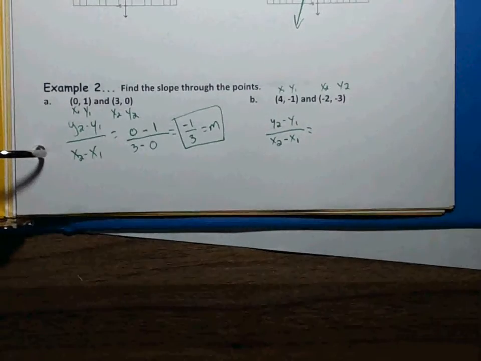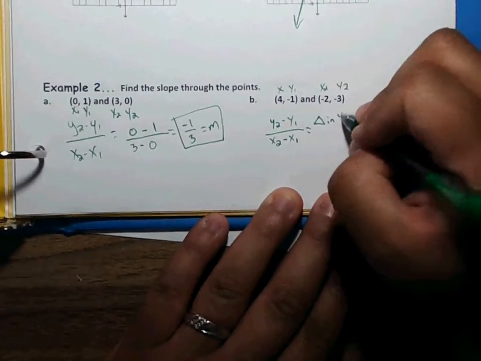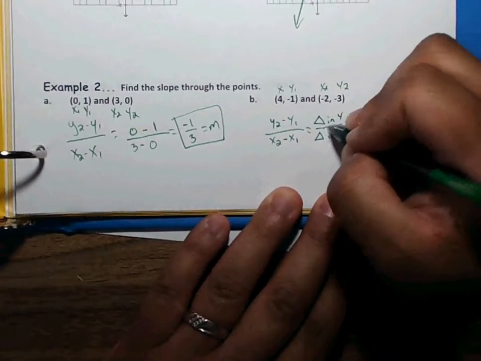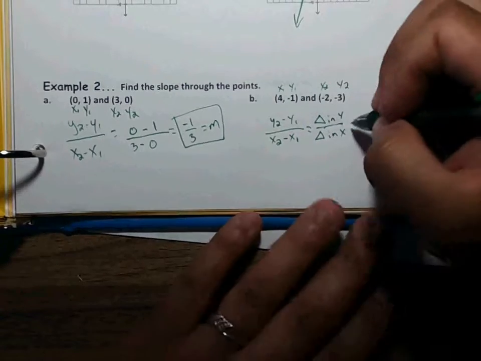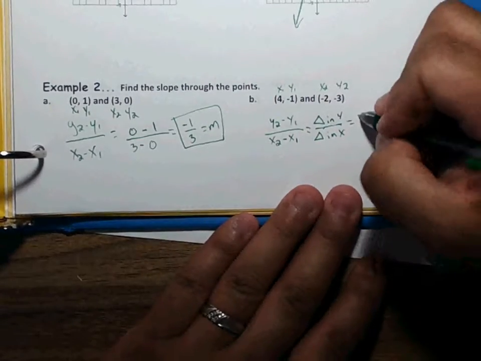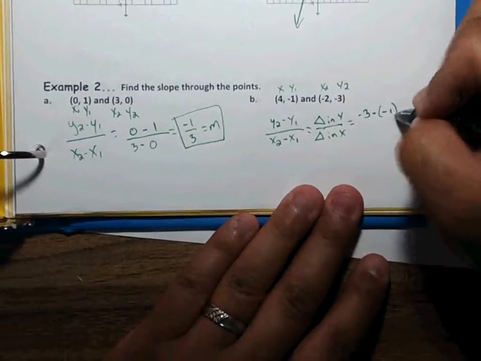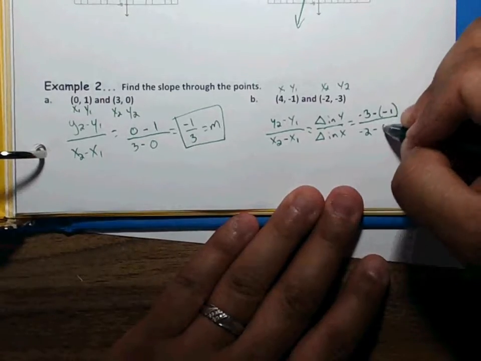What you may see this as is change in y divided by change in x. A triangle or delta symbol generally means change. So if I plug in, I've got a negative 3 minus a negative 1 all over negative 2 minus 4.